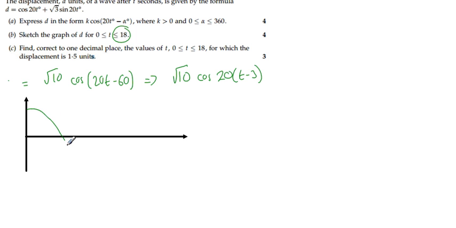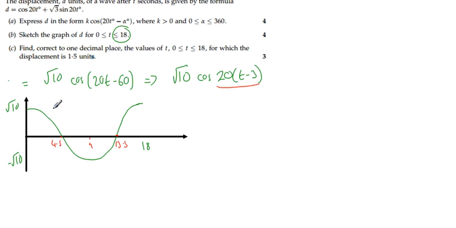Okay, so I'm going to have a cos graph, and forgive how messy this will be. It's root 10, and then minus root 10, and one wave is in 18. Now I'm just going to do it in a different colour. The 20t minus 3 is just going to move this whole thing from, well, that's 4.5 and that's 13.5, just from the midpoints of that.